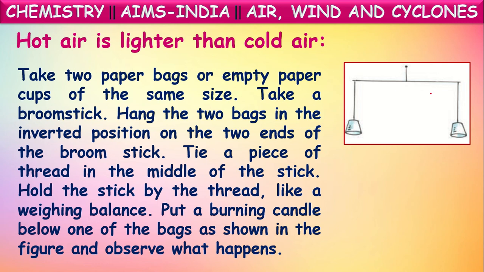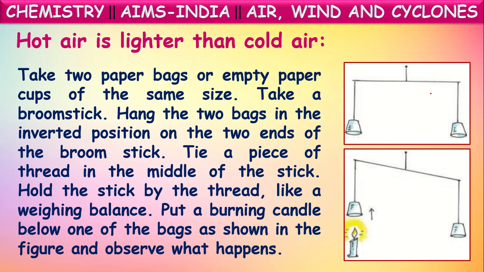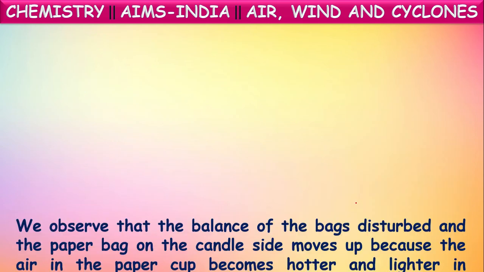Now put a burning candle below one of the bags as shown in the figure here, and observe what happens. What happens when you keep a burning candle below one of the paper cups? Because of this burning candle, the air present in the cup becomes warm, hotter.